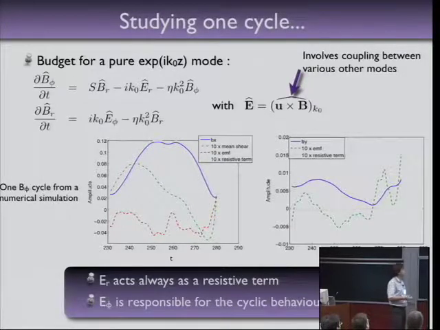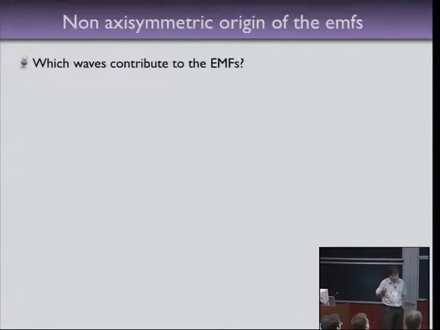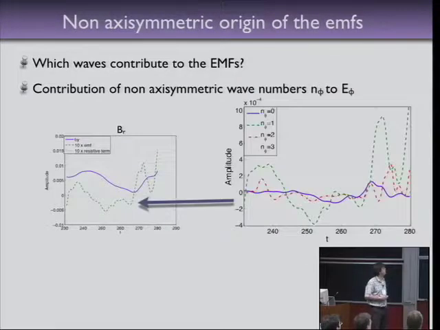Now, of course, you may wonder what is the origin of this EMF, this E phi here. So, of course, it can involve some non-axisymmetric waves, and it does. So this is, once again, the evolution of E phi in one simulation. And this is the contribution to this E phi from various non-axisymmetric waves. The blue line corresponds to the axisymmetric contribution to E phi.